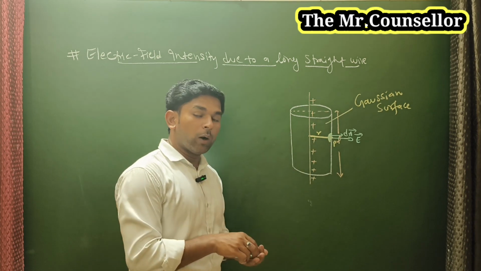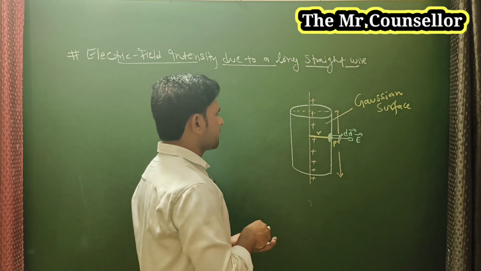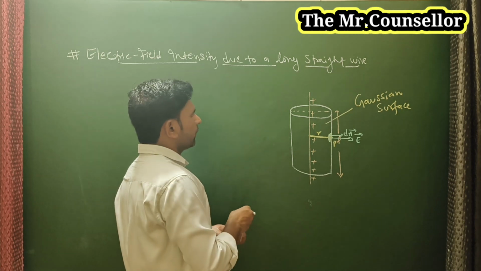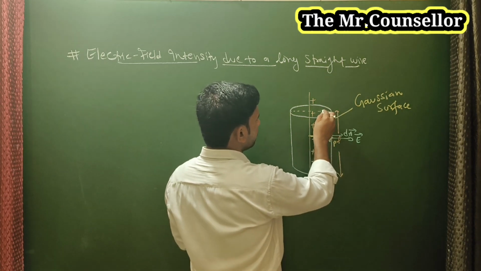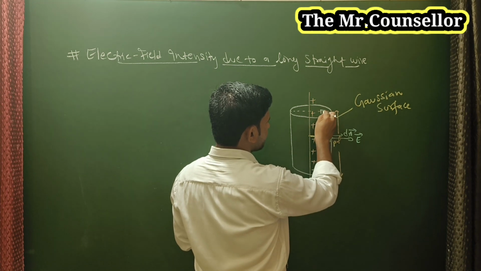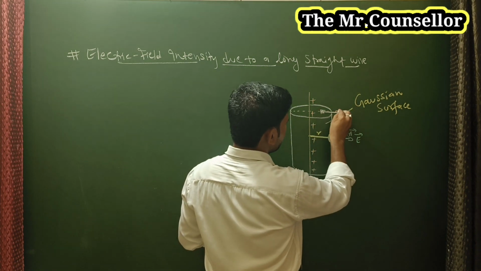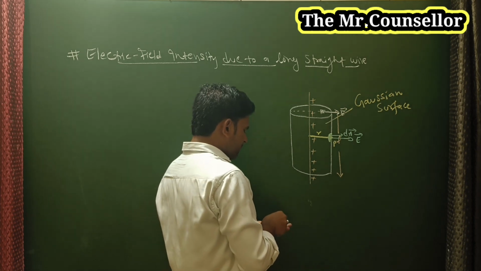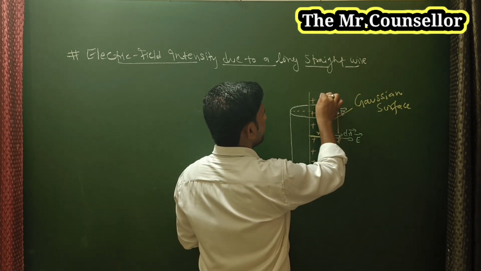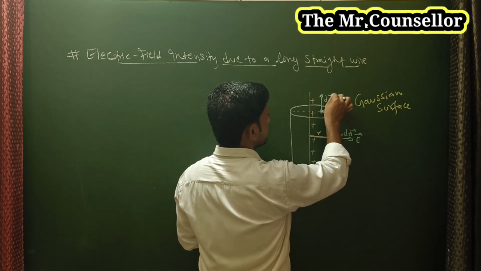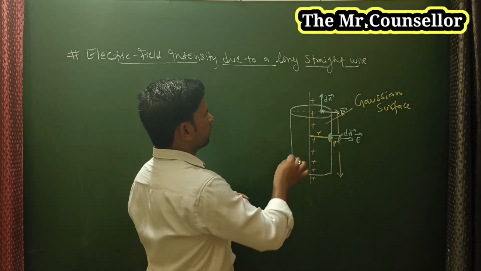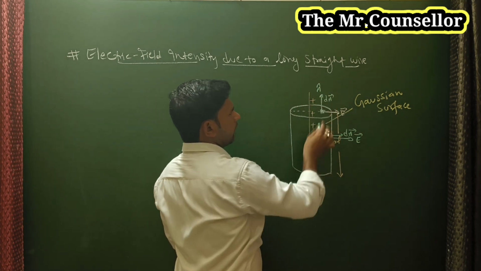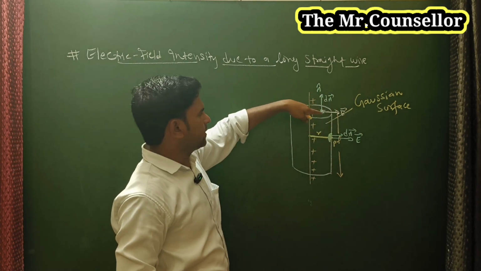After this, we can take a similar surface here also. Here we can take one surface like this. The electric field will be along this direction, but the surface area you can consider like this. Yes or no? You can also write the area normal vector, n cap.